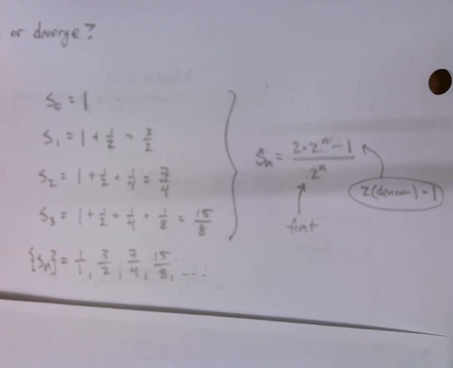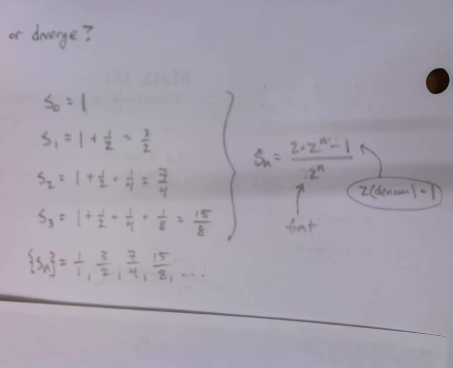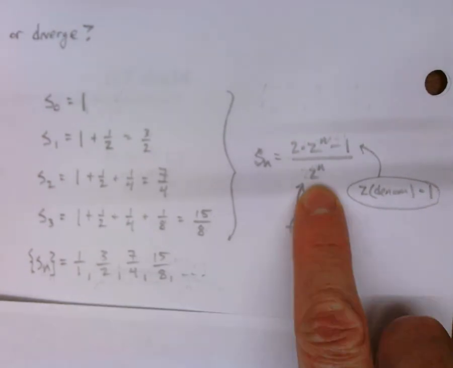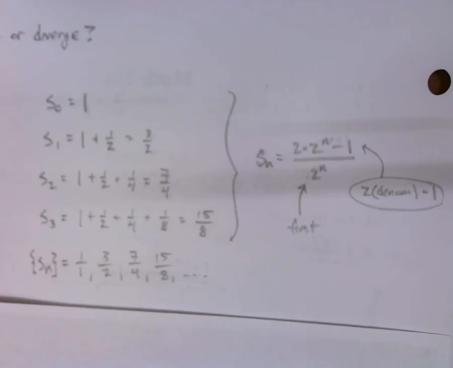So here's how I'm going to describe it. If we think of the sequence S sub n, the nth partial sum, I should say, my denominator is going to be 2 to the n. My numerator is twice that minus 1. My notes here tell me to think about the denominator first, and then the numerator.